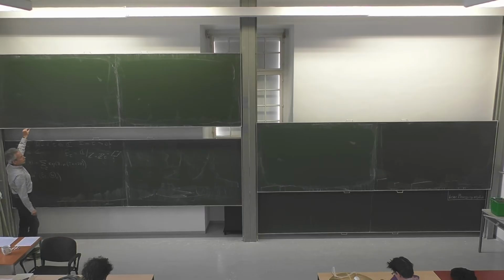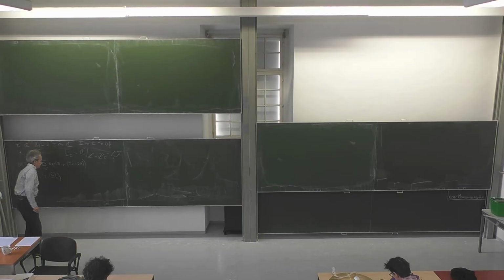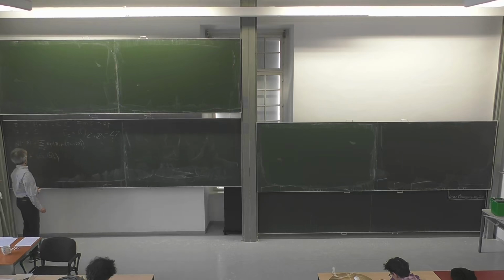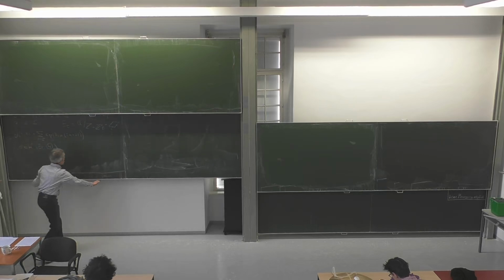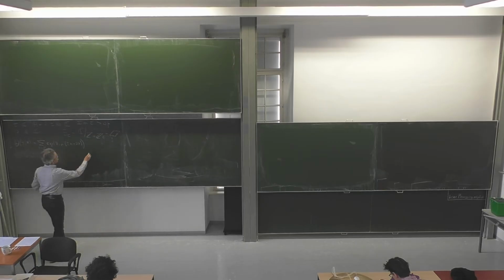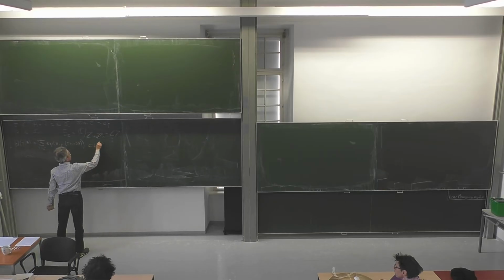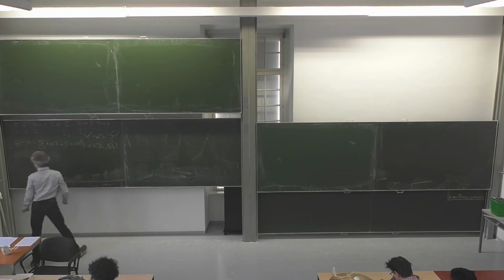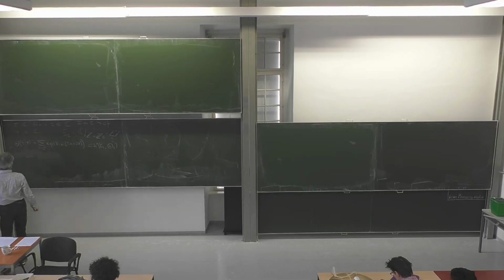And now let me carefully write the theta functions with characteristics. I'll run out of space, so let me maybe do a bad thing. I'll put this here. Okay. So yesterday I was talking about arbitrary characteristics.